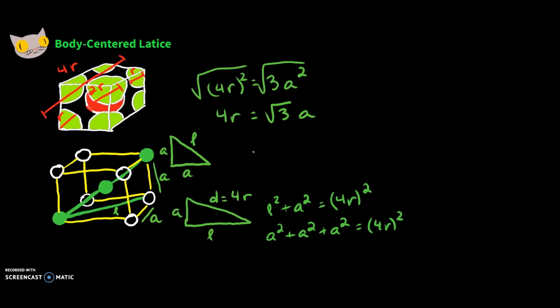Or a is equal to 4r over square root 3. So now we have our a.